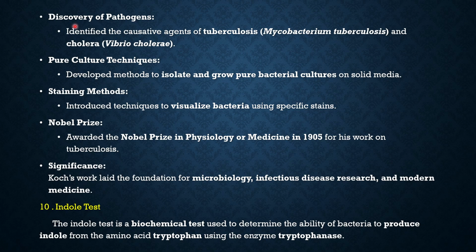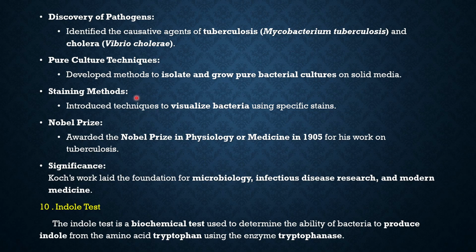The second contribution is discovery of pathogens. He identified the causative agents of tuberculosis, the organism Mycobacterium tuberculosis, and cholera, which is Vibrio cholerae. He also developed pure culture techniques, methods to isolate and grow pure bacterial cultures on solid media.